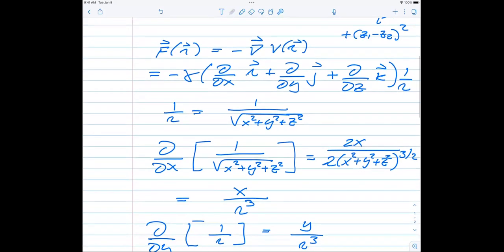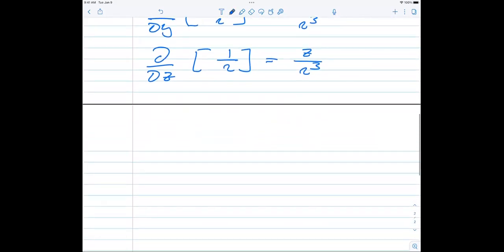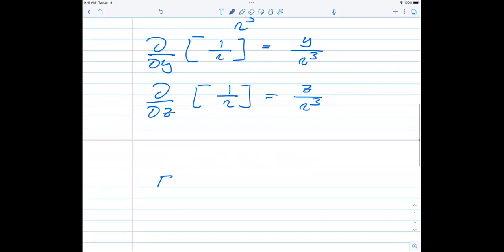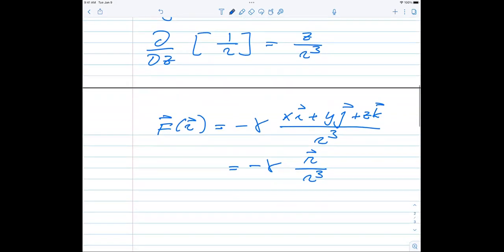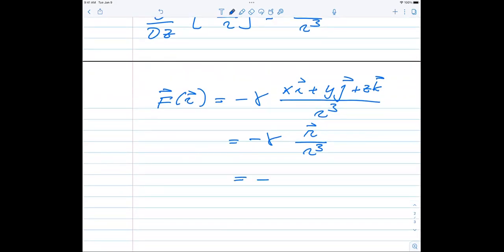That means that F of r, in this specific case, is equal to minus gamma, and then I get x times i plus y times j plus z times k divided by r cubed. And this is nothing but the vector r divided by r cubed.